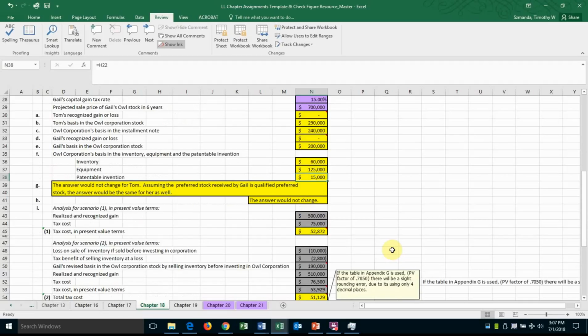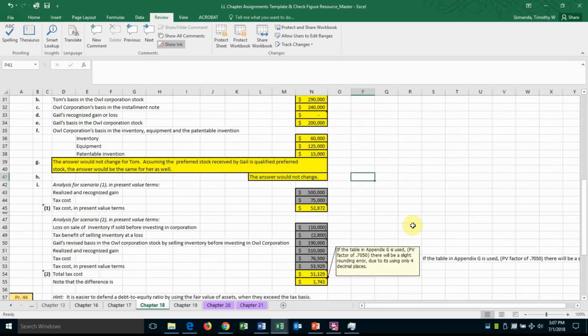For part G, how would your answer to the preceding questions change if Tom received common stock and Gail received preferred stock? It would not change in this case, assuming, of course, that the preferred stock that was received does qualify. And in this case it did, so the answer would not change.